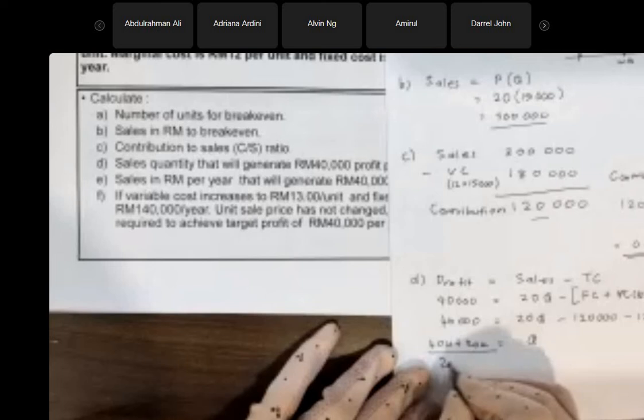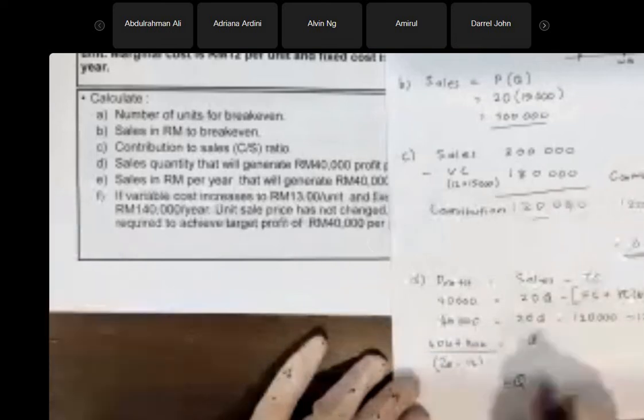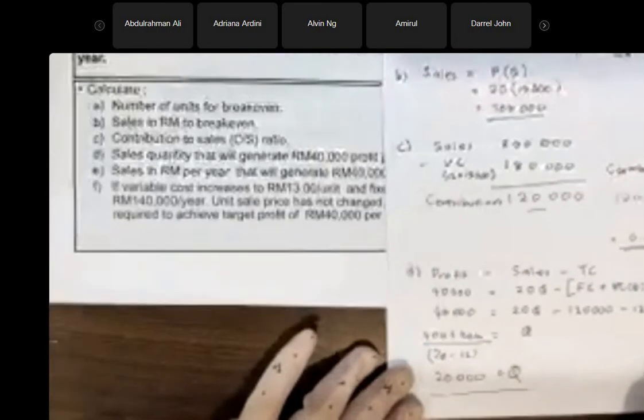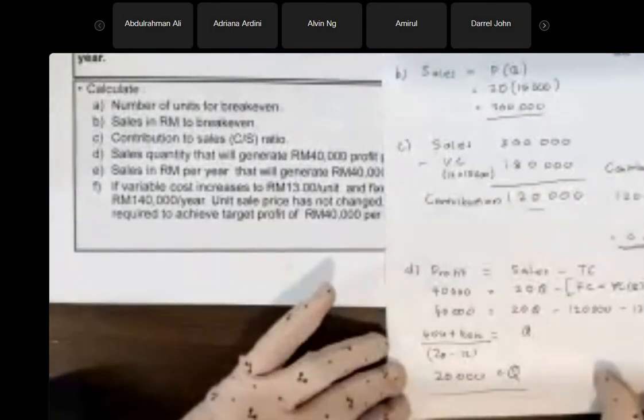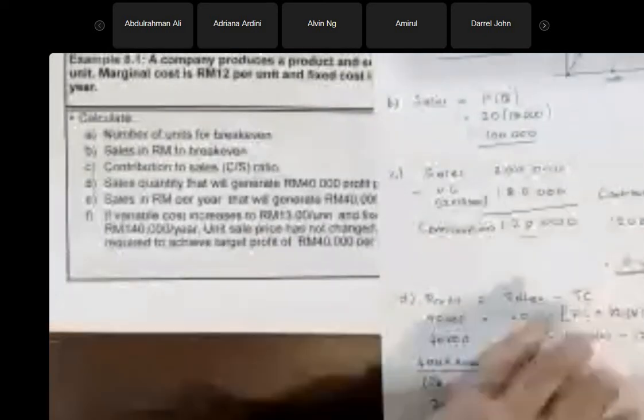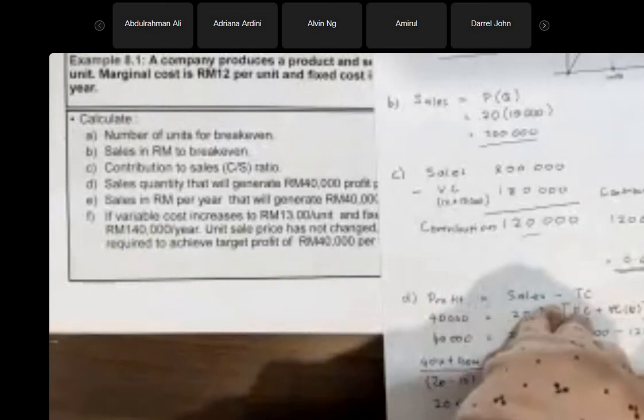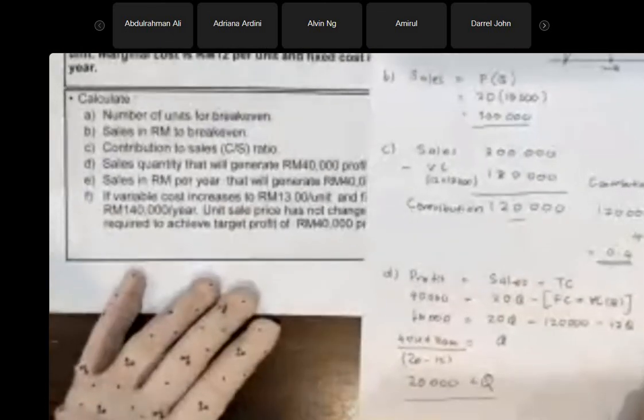The Q is 20,000. The Q is 20,000. Okay, even easier. Actually the break-even point is easy, this is just for revision.